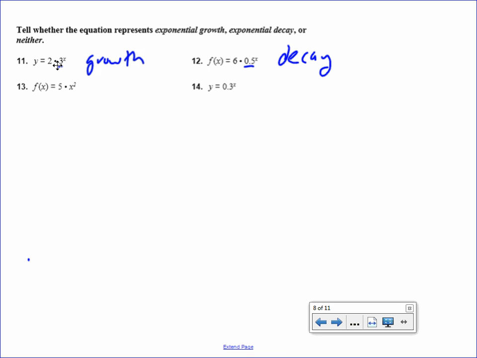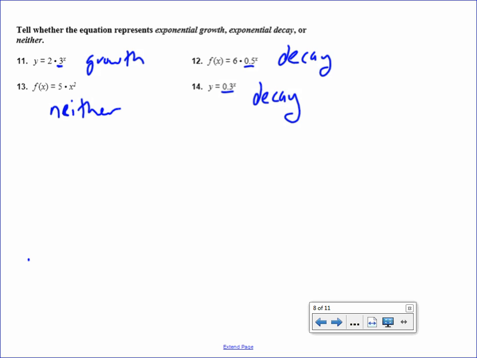If I look at the next one, our base is a variable, so this is not one or the other. So we'd say that this is neither. And the last one, we have a base that is less than 1, so this is a decay.